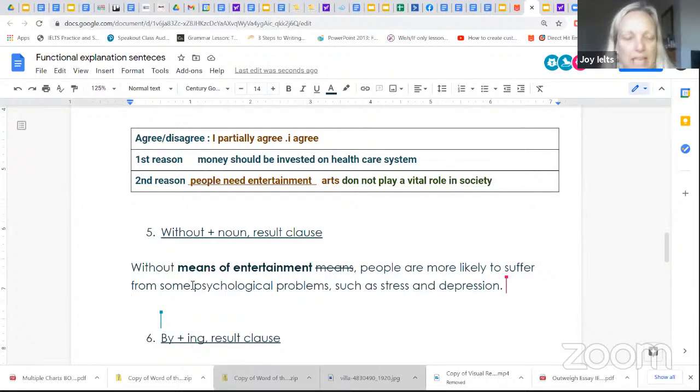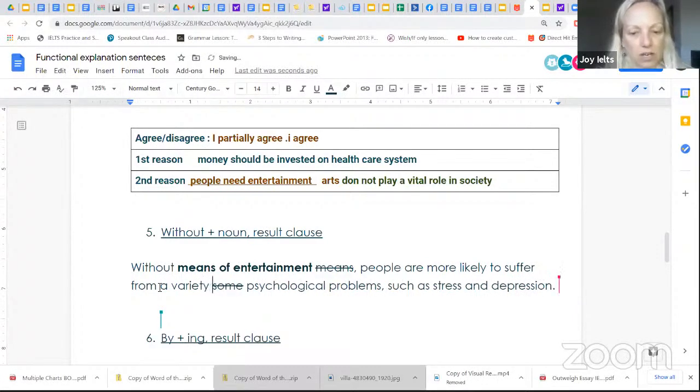Suffer from. Now, I'd like everyone to avoid using this word, some. It's often used slightly inaccurately. It's not very accurate in this situation, and it always sounds very basic. It's like saying big or a lot of, and we want to avoid these words in academic writing. So you could say a variety of.